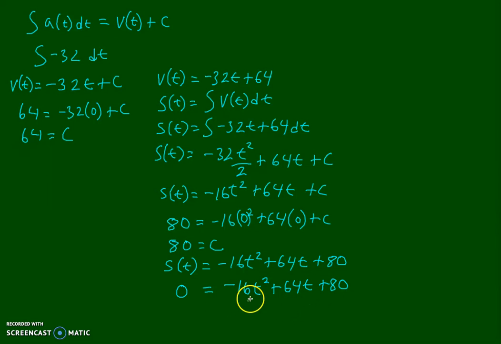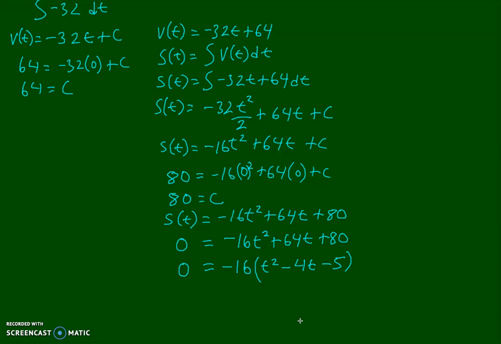And now we solve this quadratic. And that should be fairly straightforward because the numbers work out fairly cleanly. Let's pull out a negative 16. And we have t squared minus 4t minus 5. So we can go ahead and factor that.